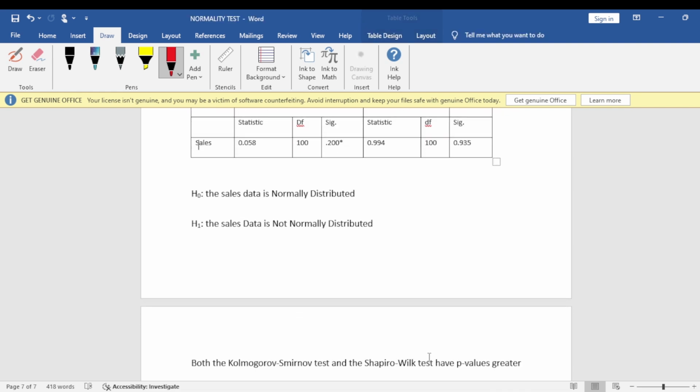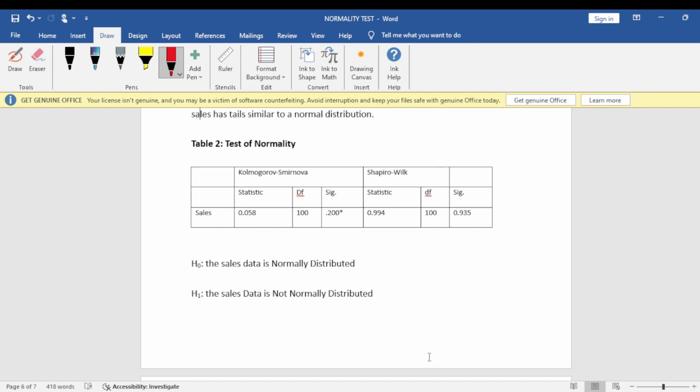So this is our other test. We have Kolmogorov-Smirnov and Shapiro-Wilk test here. Our hypothesis here is that the null hypothesis says the sales data is normally distributed, while the alternative says the sales data is not normally distributed.